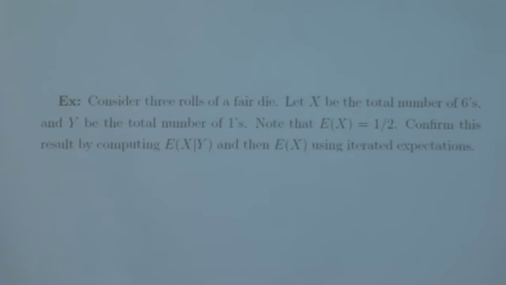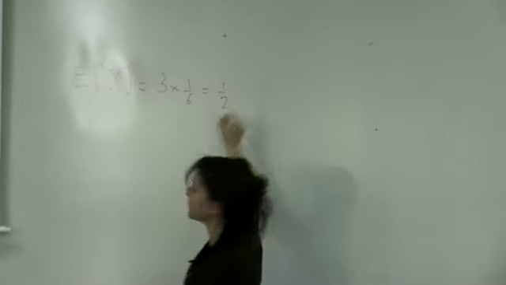The die is thrown 3 times. In each case, the probability of getting a 6 is 1 over 6, and each throw is independent from the others. So the expectation of X is 3 times 1 over 6, which is 1/2.